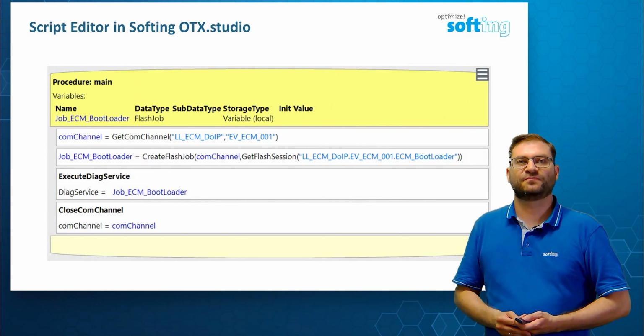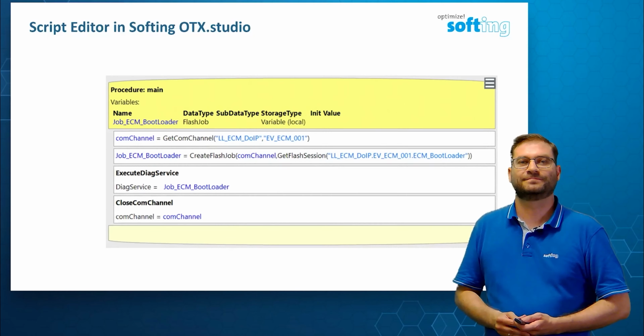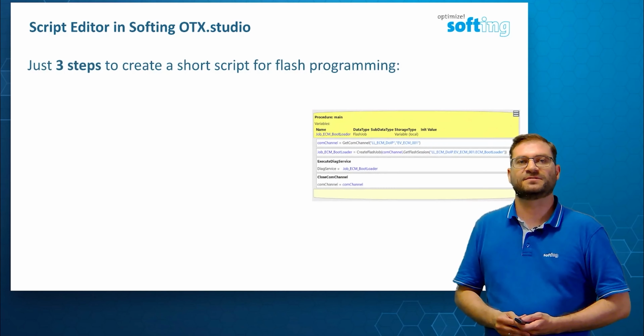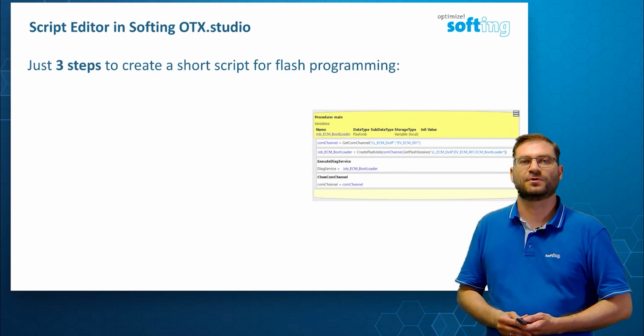Here we see a script for flash programming, which has been created in Softing OTX.studio. We open the communication channel, we create a flash job based on a flash session, and then we execute the flash job. Just 3 steps are necessary to create a short script for flash programming.